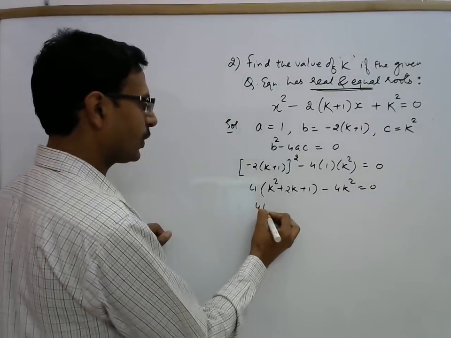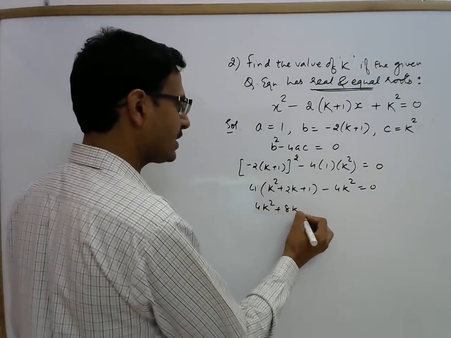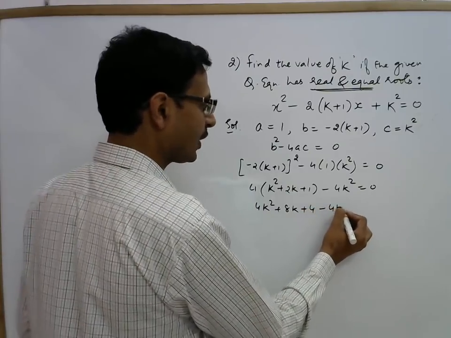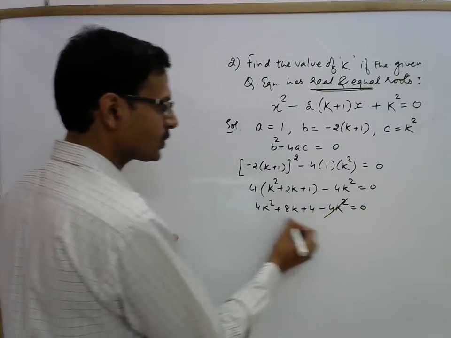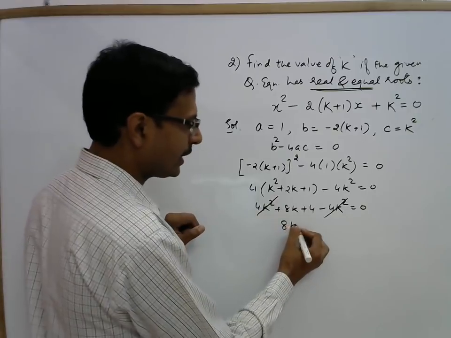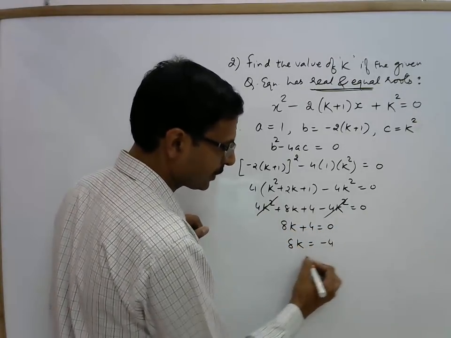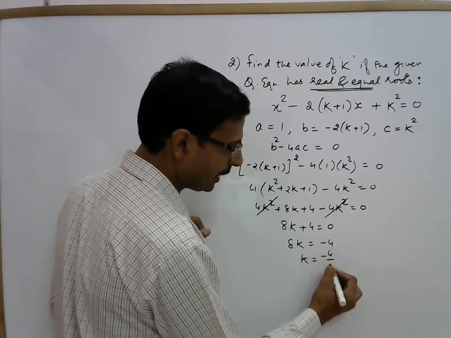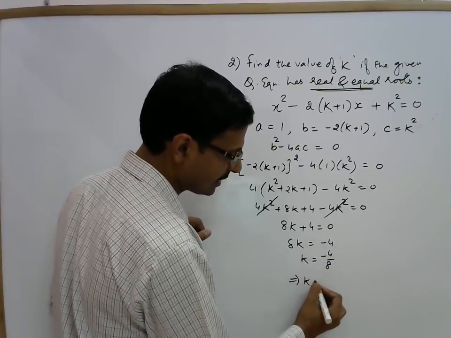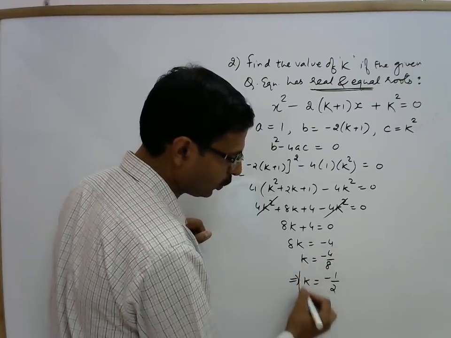Open the bracket: 4k square plus 8k plus 4 minus 4k square equal to 0. So 4k square gets cancelled. You get 8k plus 4 equal to 0. So 8k equal to minus 4. So k equal to minus 4 by 8. That implies k is minus 1 upon 2.